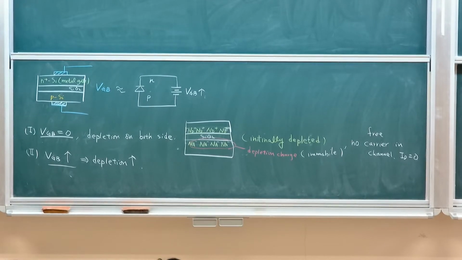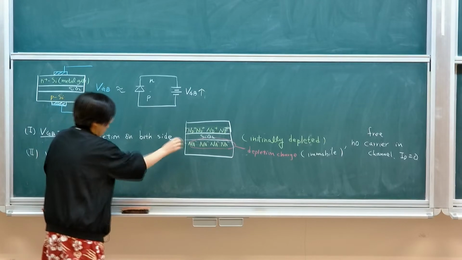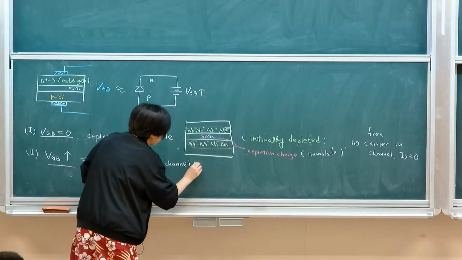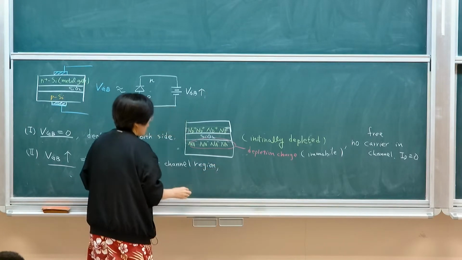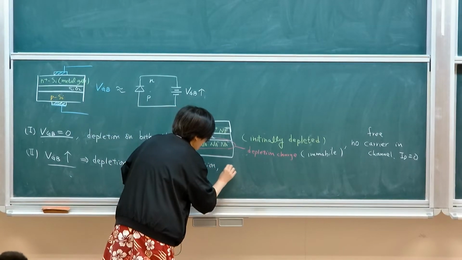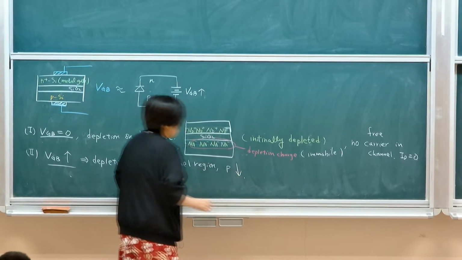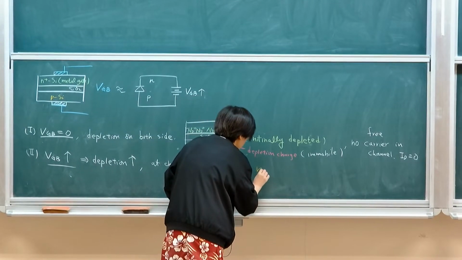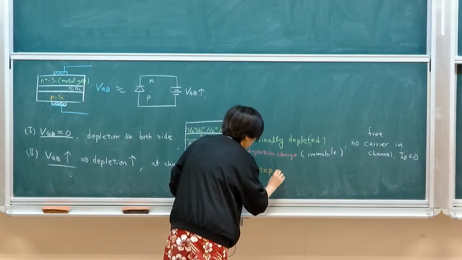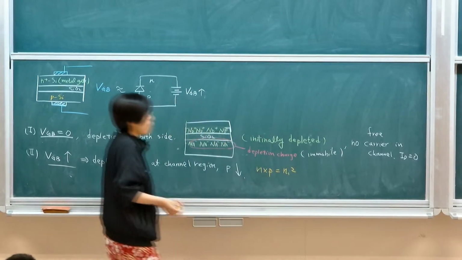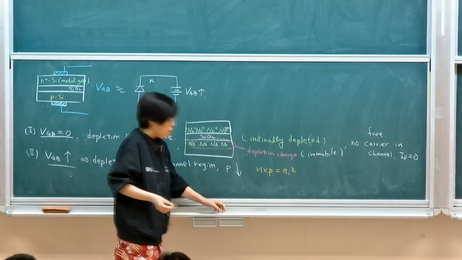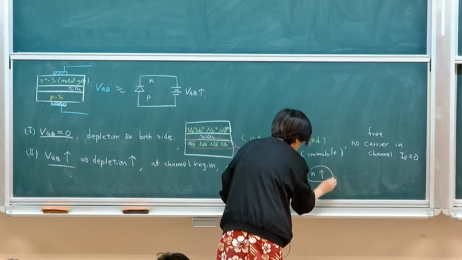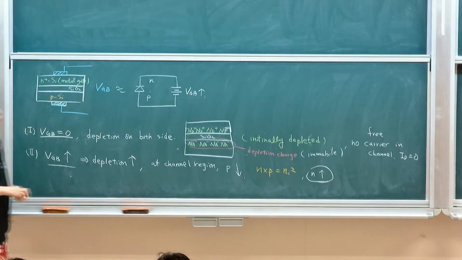But in real cases, during depletion at the channel region, P goes down. Based on the mass action law, N times P equals Ni squared. So when P goes down, the amount of electrons, the minority carriers, actually rises.